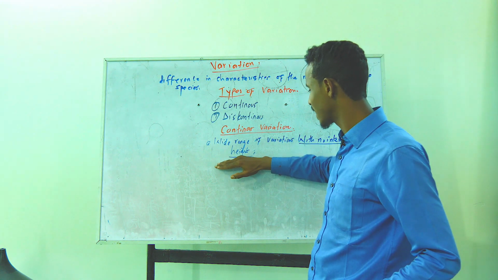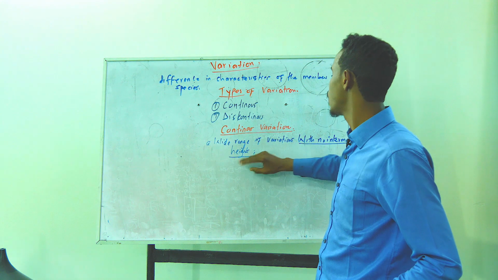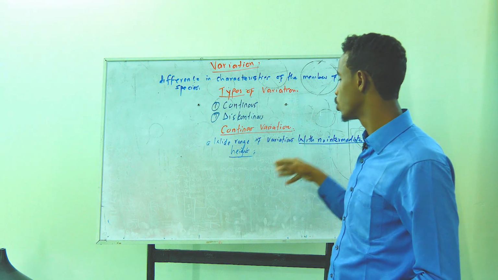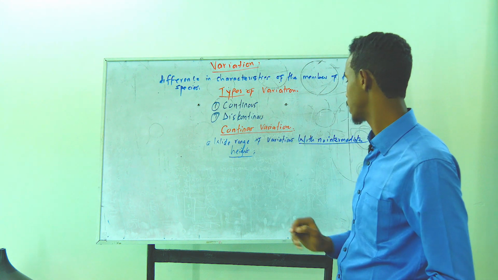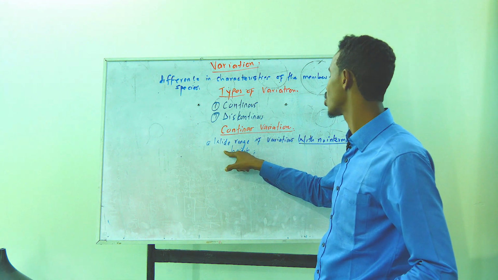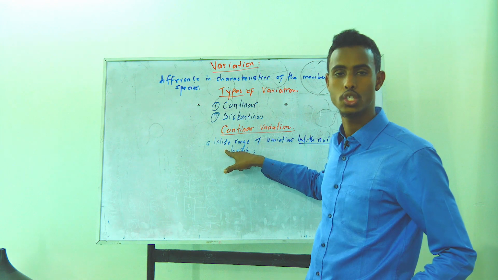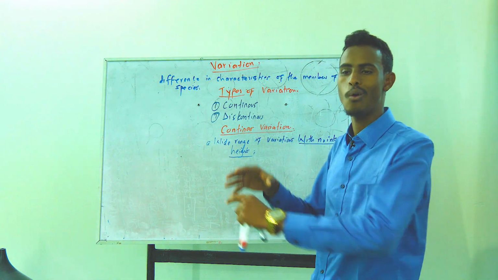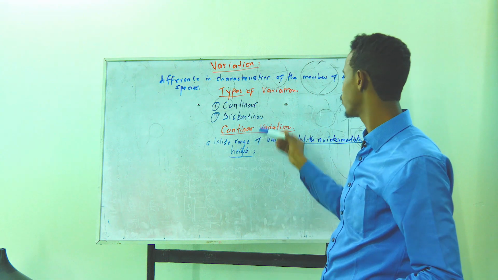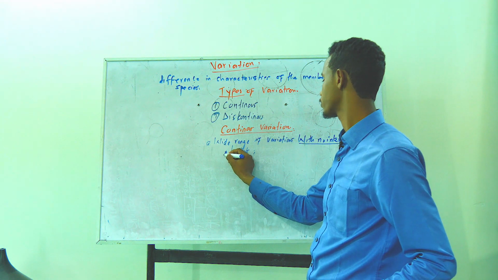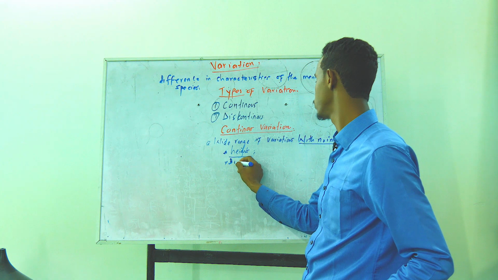When you plot a graph of height against organisms, we are going to see a normal distribution curve. Therefore, there is no clear-cut difference, no intermediate, and they show a wide range of differences. Good. Another example of continuous variation is body weight.